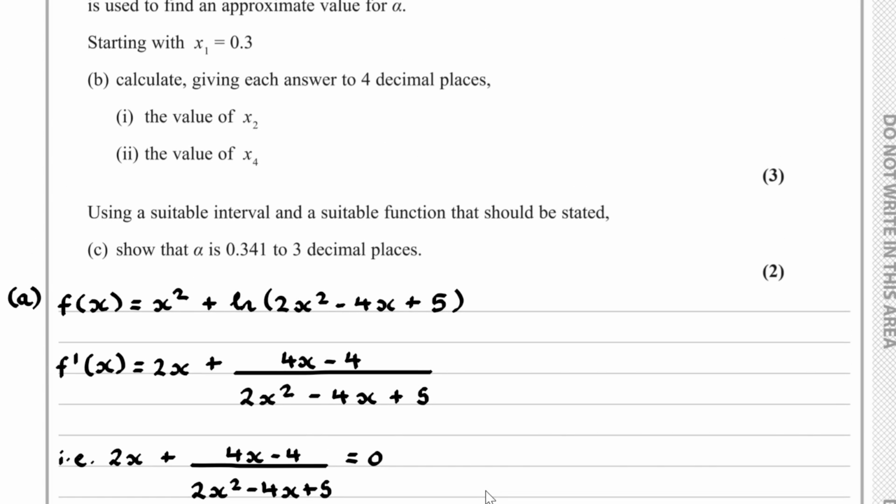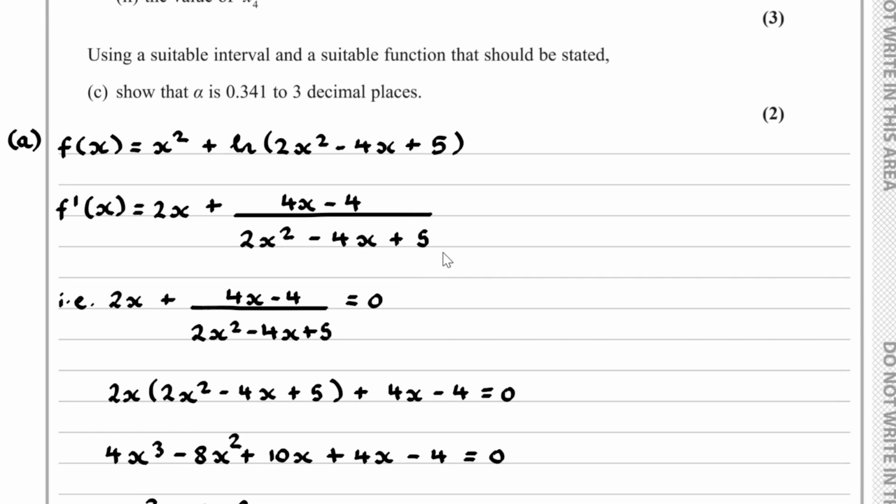Now for part C, using a suitable interval and a suitable function that should be stated, we have to show that alpha is 0.341 to 3 decimal places.